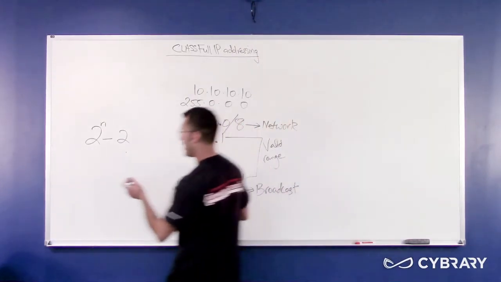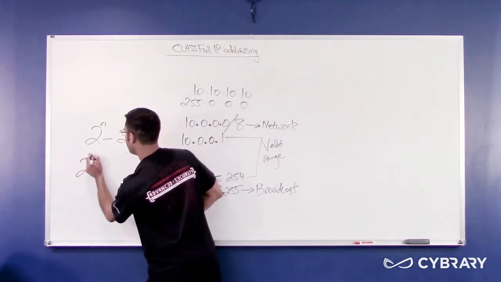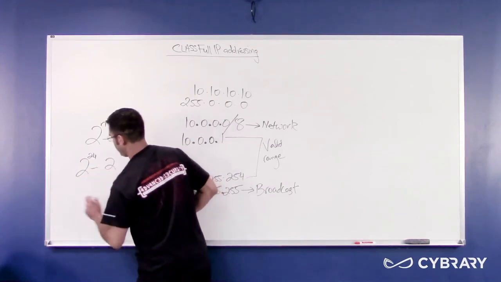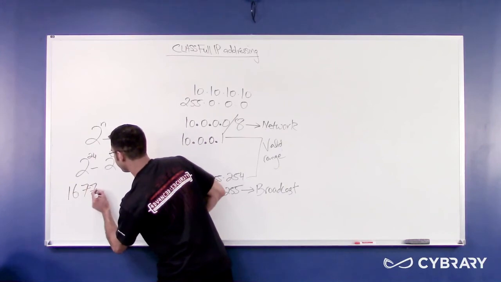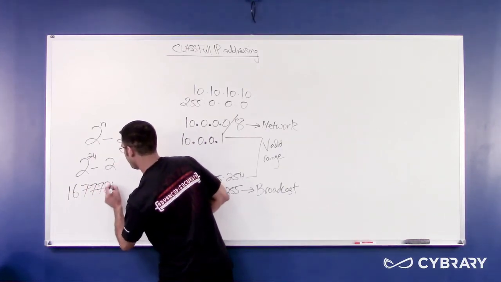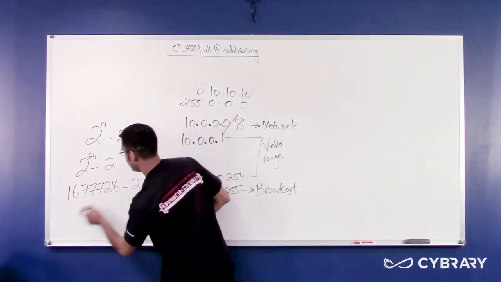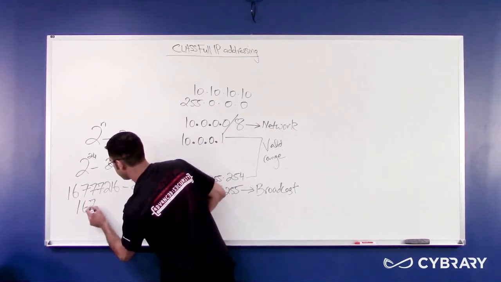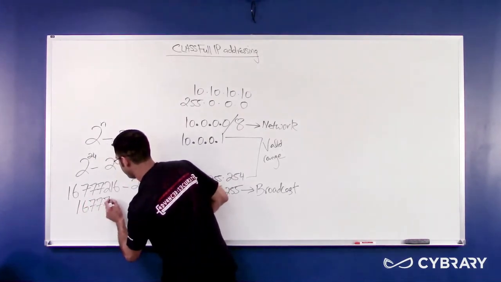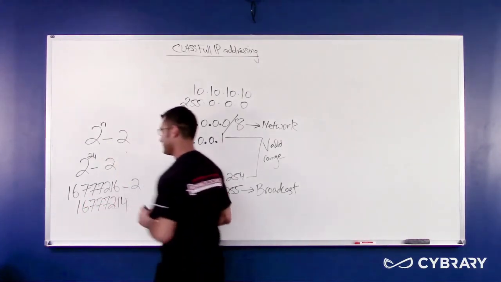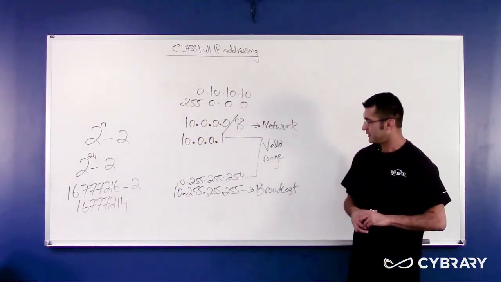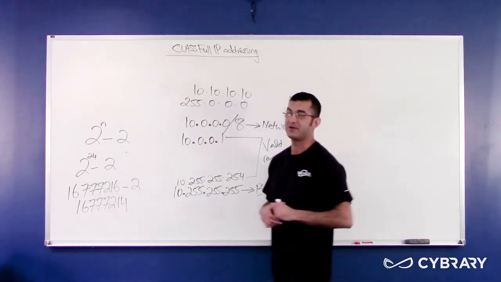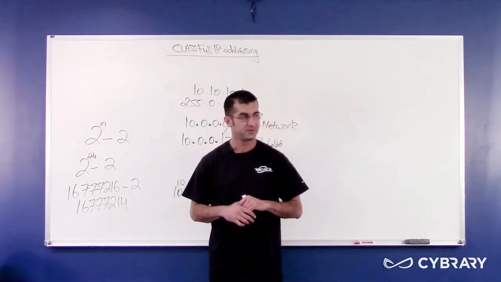So this is 2 to the power 24 minus 2, and I believe 2 to the power 24 is 16,777,216 minus 2, which yields 16,777,214 addresses. And that concludes the classful IP addressing portion of this class.